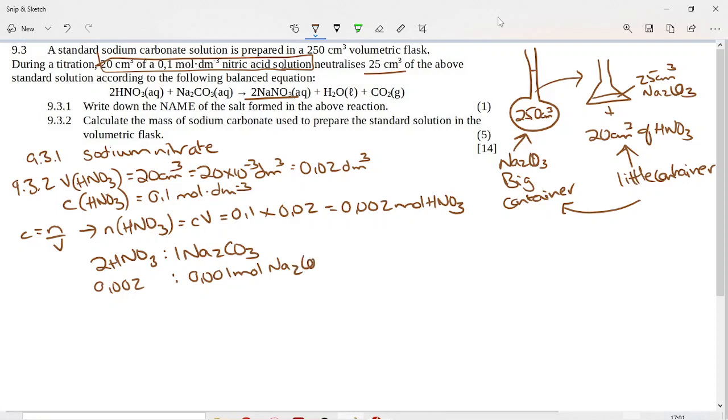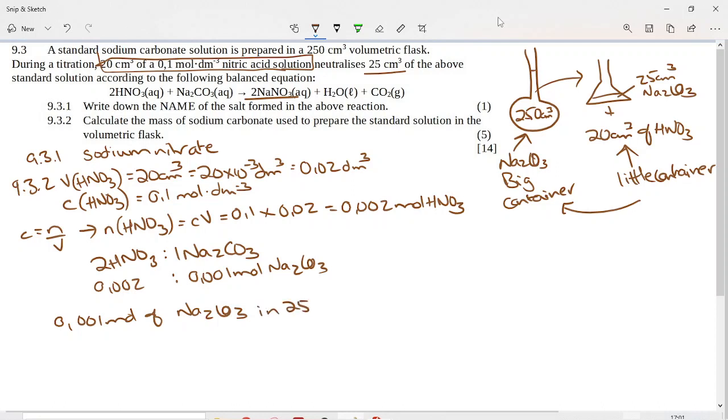I just used the 2-to-1 ratio. I divided 0.002 by 2, and I got 0.001 moles of sodium carbonate.